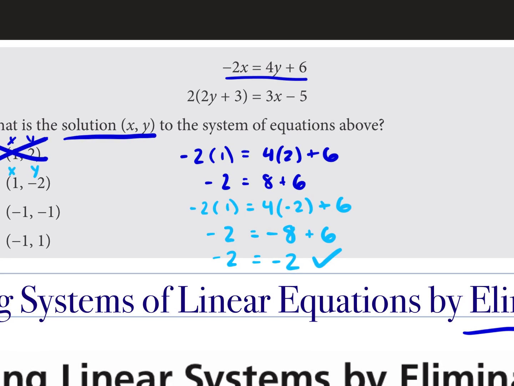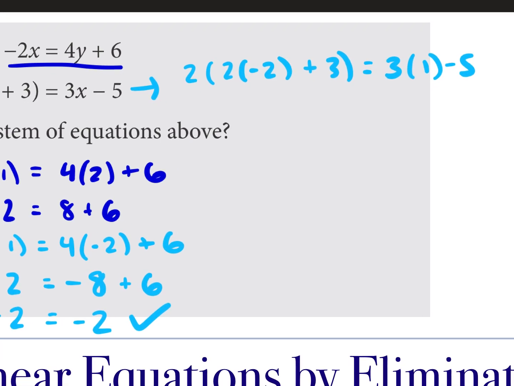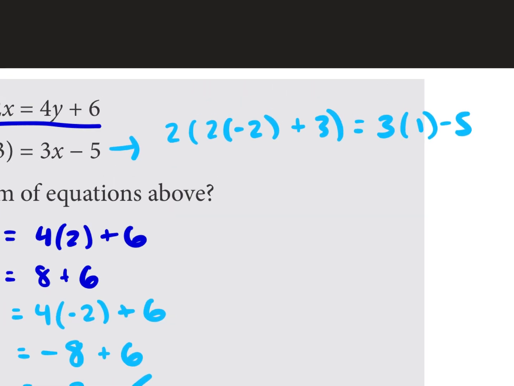So also in the second equation, what am I going to plug into y? Negative 2. And then what am I going to plug into x? 1. So I just plug in the numbers and I'm going to solve it out. How would I solve this? Awesome. We have to follow our order of operations, PEMDAS.